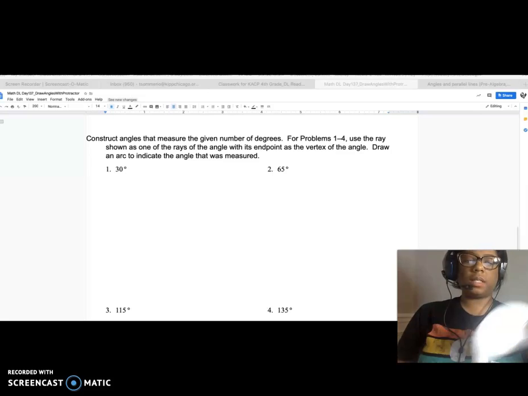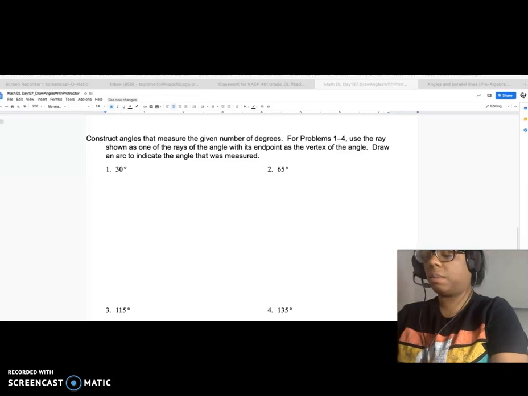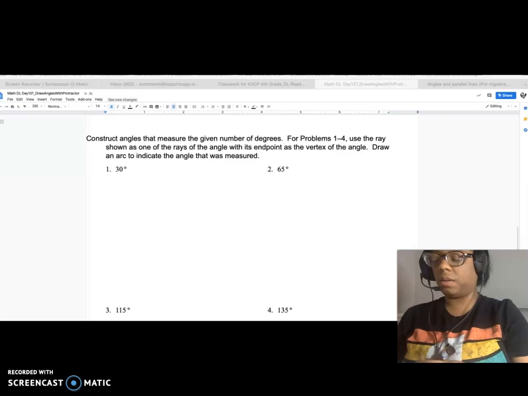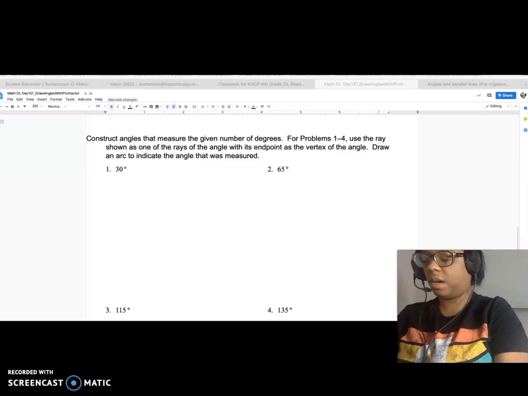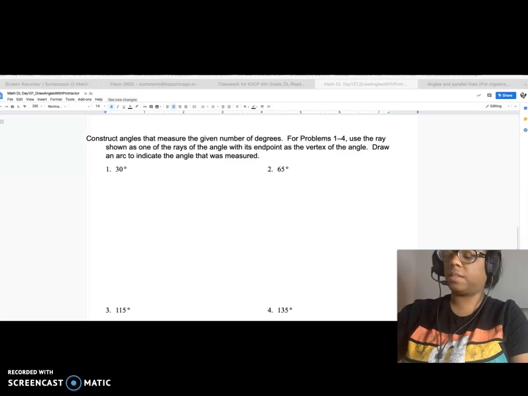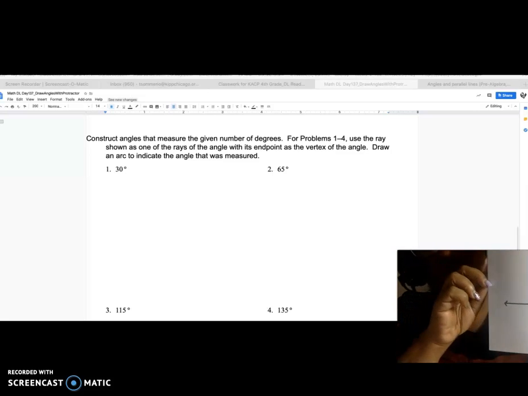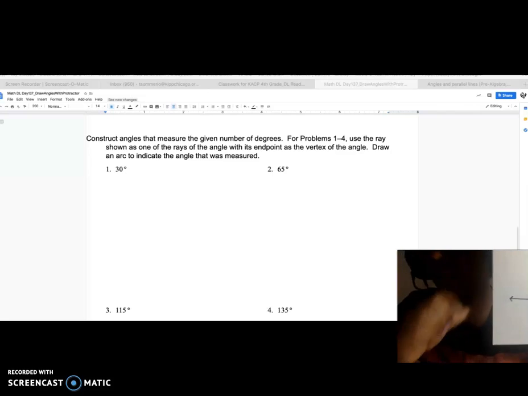So I'm going to take my regular protractor and I'm going to place it down on my paper. I'll start with a ray, just a baseline ray, and that's going to look like this. I want you guys to see. So I just drew one ray and I'm going to make my angle 30 degrees.